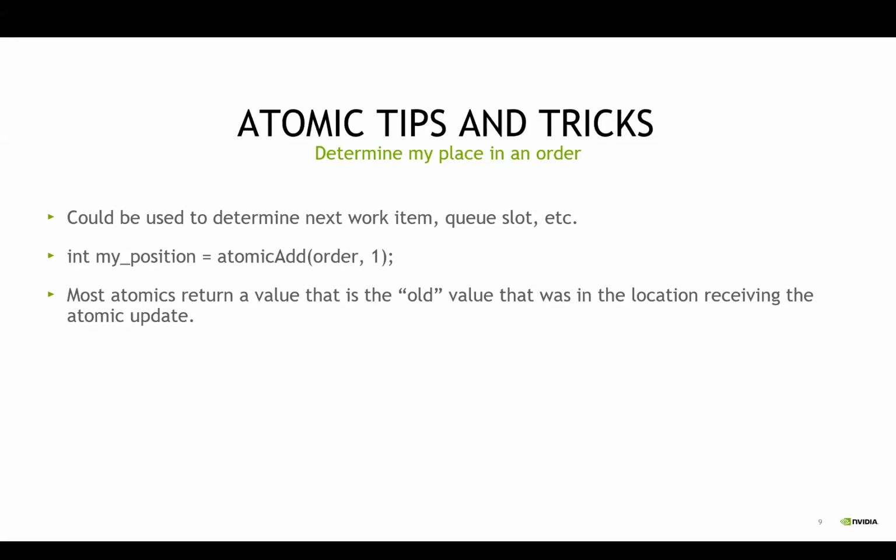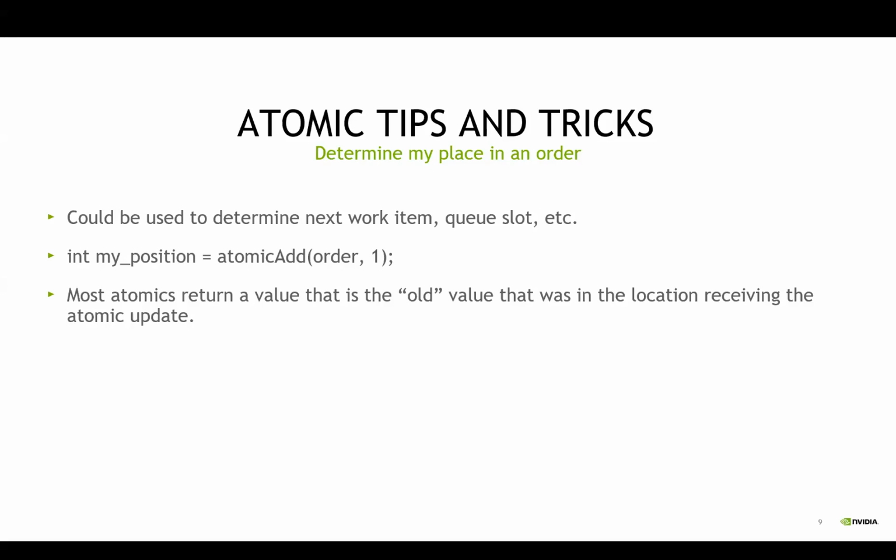So if I do an atomic add on a location in memory which is indicating the next item in a queue, and let's say I add 1 to it, then the atomic operation will add 1 to that location so that anyone else who comes along won't pick up the queue slot item that I picked up. Instead, they will pick up the next one. And furthermore, the return value of the atomic will be the value in memory before 1 was added to it.